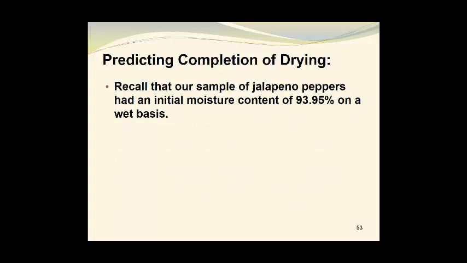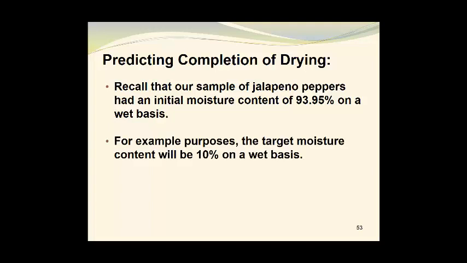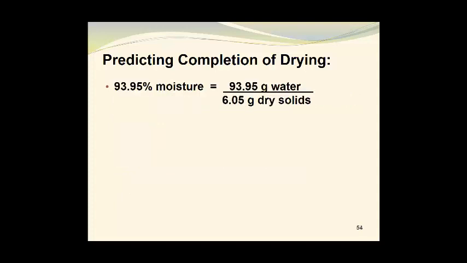Recall that our sample of jalapeno peppers had an initial moisture content of 93.95% on a wet basis. For example purposes, we'll use a target moisture content of 10% on a wet basis for the final product. These must both be converted to a dry basis.